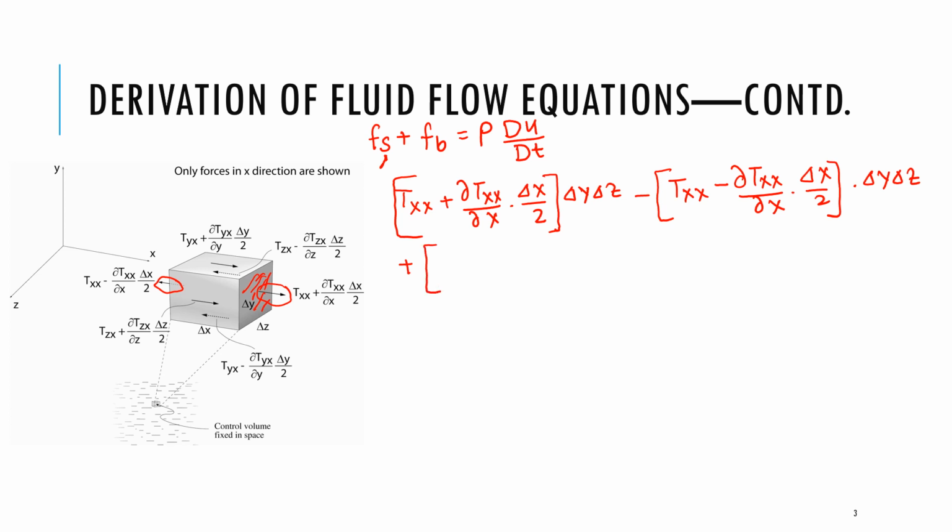So let's write the y now. The y would be in a very similar way. It's this part. Tyx is the value at the center. So at this surface, it's Tyx plus ∂Tyx/∂y times Δy over 2 times the area of this surface, which is ΔxΔz.